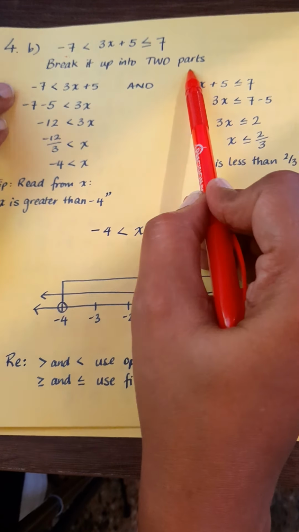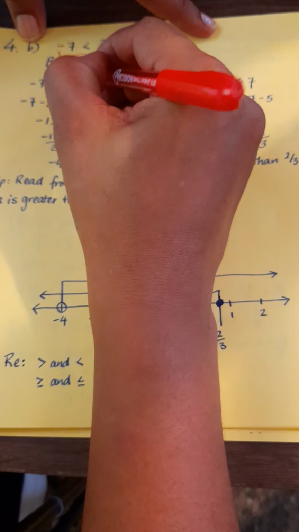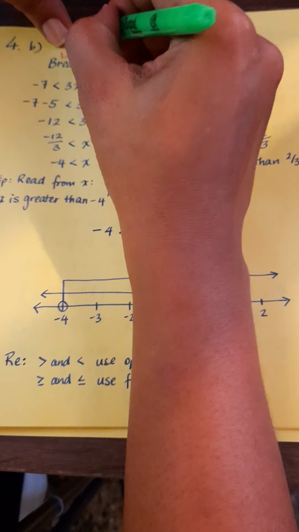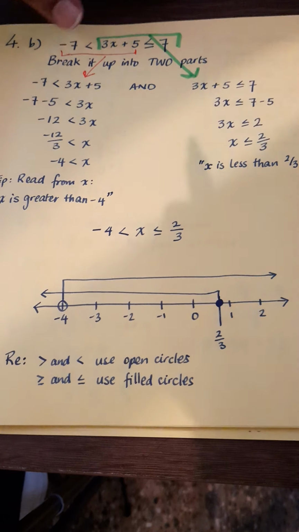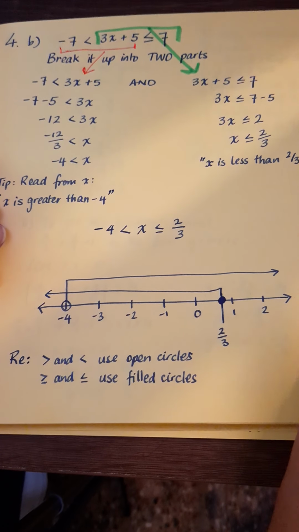So let's break it up into two parts. This first part here, and maybe another color, maybe highlighter, and then this second part over here. Right, we've broken it up into two manageable pieces.